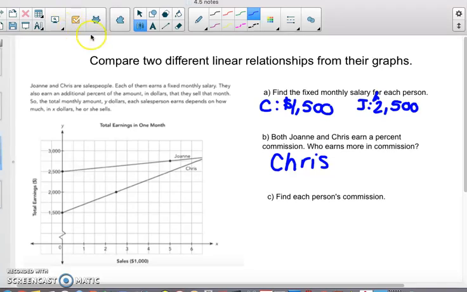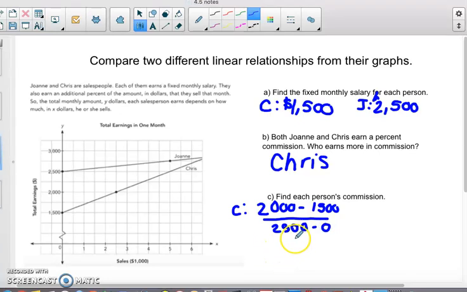So first, we'll start with Chris. And we'll have 2,000 minus 1,500 over 2,500 minus 0.